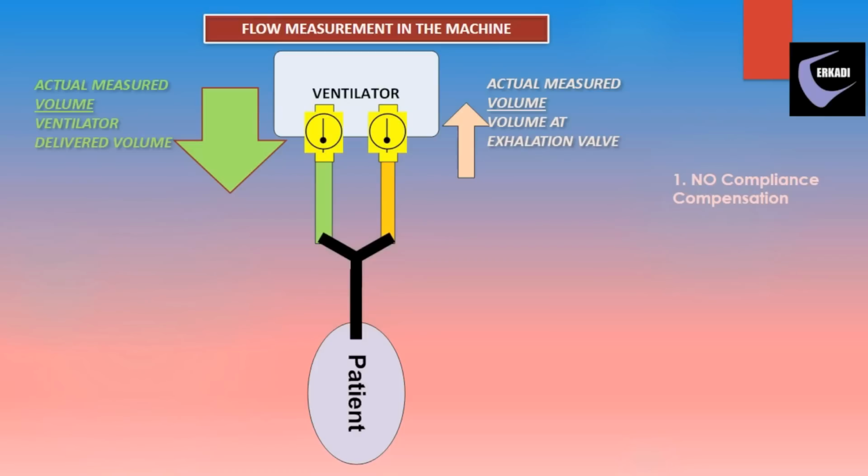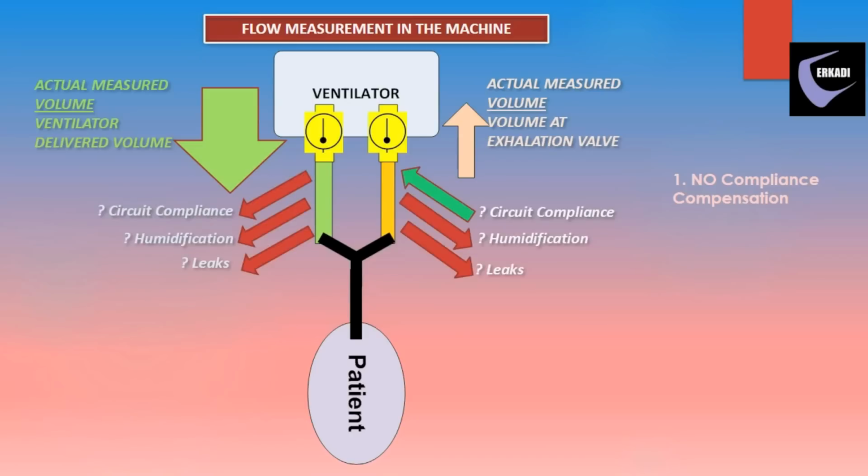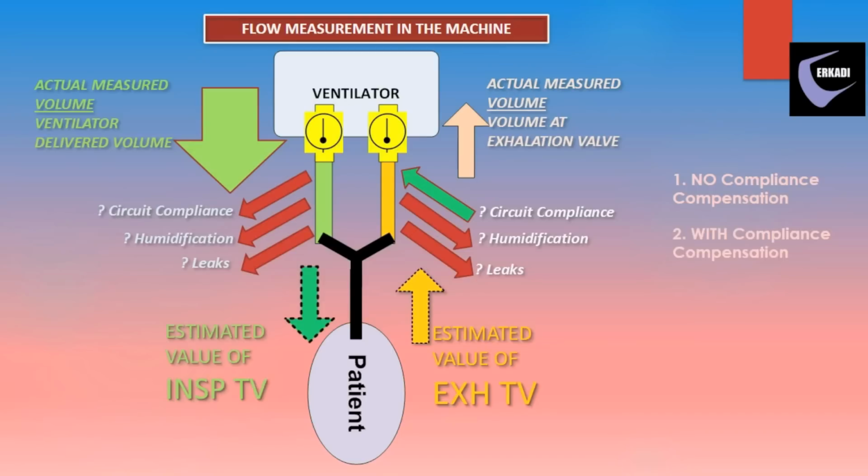Then there are the others who do measure flow and volume inside the ventilators but are applying very complex algorithms to estimate what the patient may have received and exhaled. The corrections are made based on estimates of the errors. Of several factors that may lead to errors, only one is compensated for: compliance.